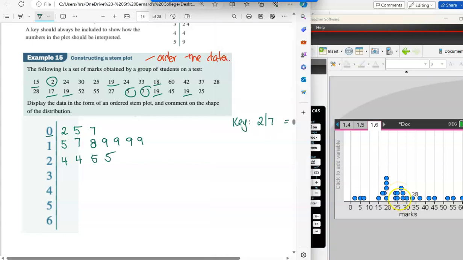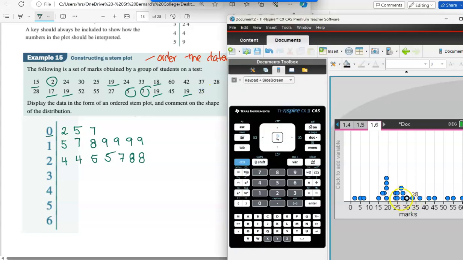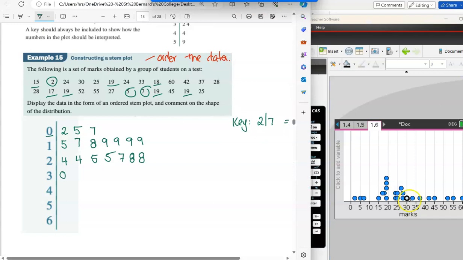Then I had 28, 28 and 27. So 8 and 8. Was there any 29s? No. Okay, 30, 33. So 30 is a 0, 33, 37. That's it for that one.